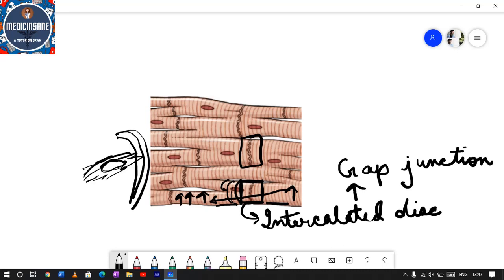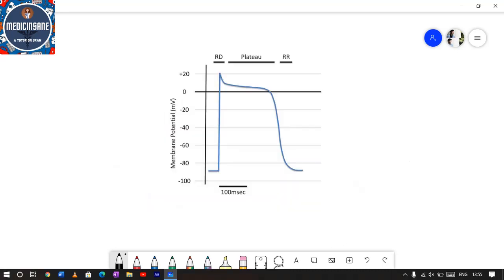So this was about the functional anatomy which was important in the cardiac muscle and how it differs from the skeletal muscle. So now let's talk about the cardiac action potential. We are talking about the non-pacemaker action potential, which is totally different from the pacemaker action potential. Now, you should appreciate the difference between the skeletal muscle action potential and the cardiac muscle action potential.